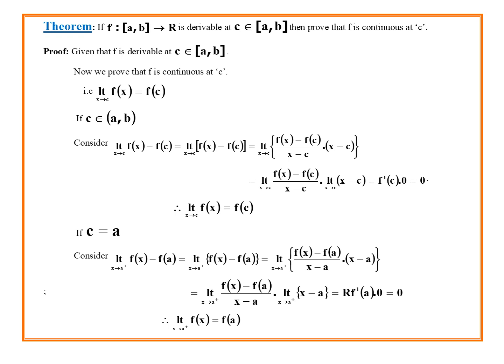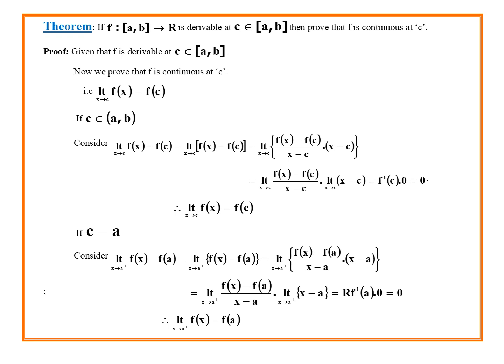If c is equals to a, consider limit x tends to a plus, f of x minus f of a. That is equals to limit x tends to a plus, f of x minus f of a by x minus a into x minus a. We are multiplying with x minus a and dividing by x minus a.